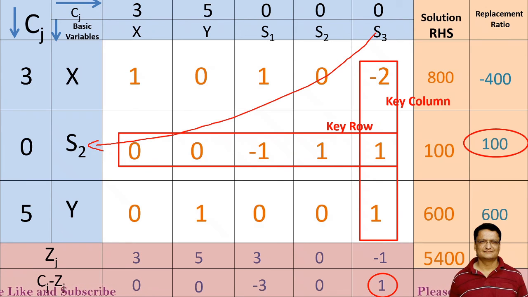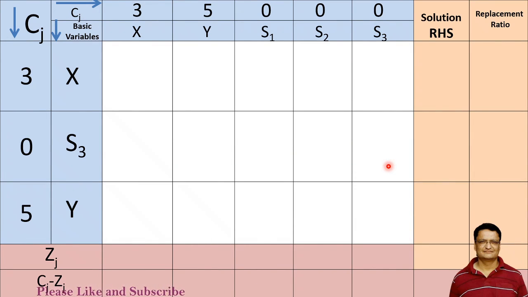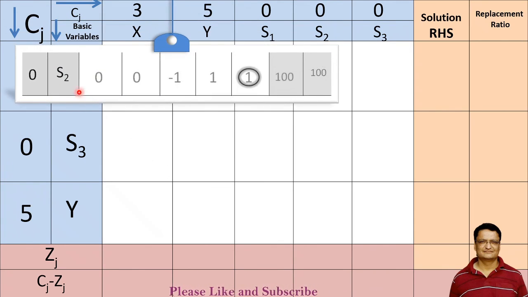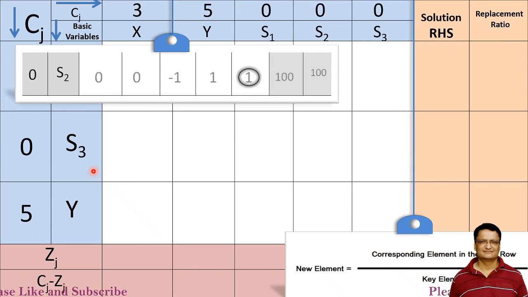And now we have to make one more iteration, for which we need a fresh table. But before that, let us see our key element, or key number, over here is 1, right? So prepare the fresh table, and in this fresh table s2 is now replaced with s3, which has the c value as 0. Now pull out the previous values of this particular s2, which will be helpful to evaluate the new values.